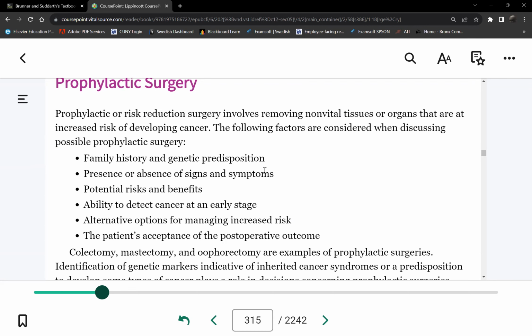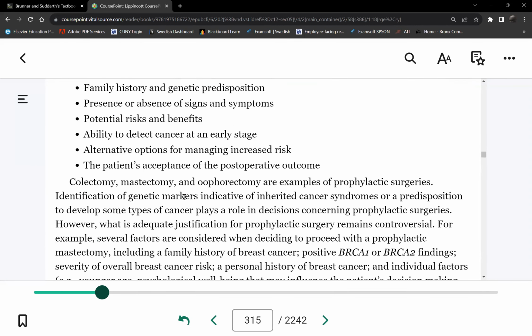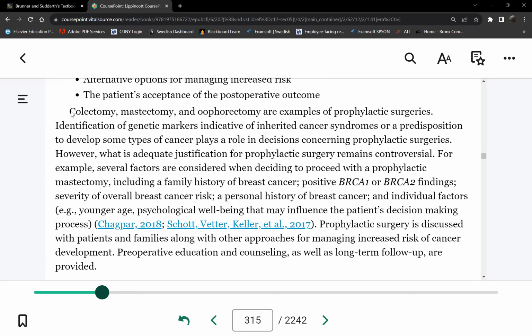That's prophylaxis. Okay, and then the other examples here are colectomy, removal of the colon, mastectomy, breast removal, oophorectomy, ovary removal. Okay, so there are different types of surgeries depending on the surgical site or the organ involved.